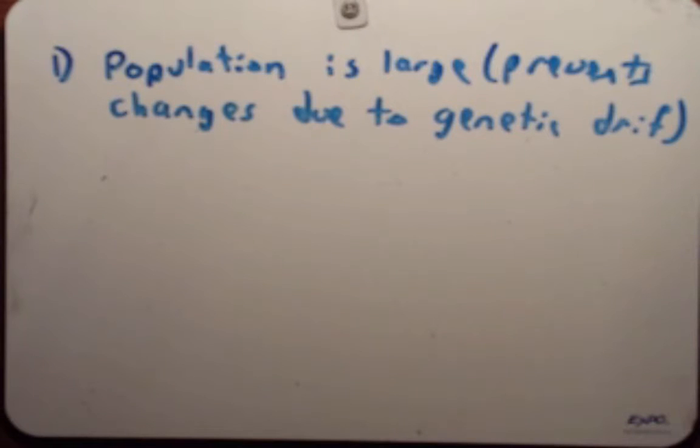Meaning, if you have a population of 1 million individual ladybugs, say, and you lose 200 of them because of some sort of epidemic, maybe a kid stepped on them, something like that, the overall population doesn't change much because it's such a large population that these random fluctuations in the population aren't going to affect it.